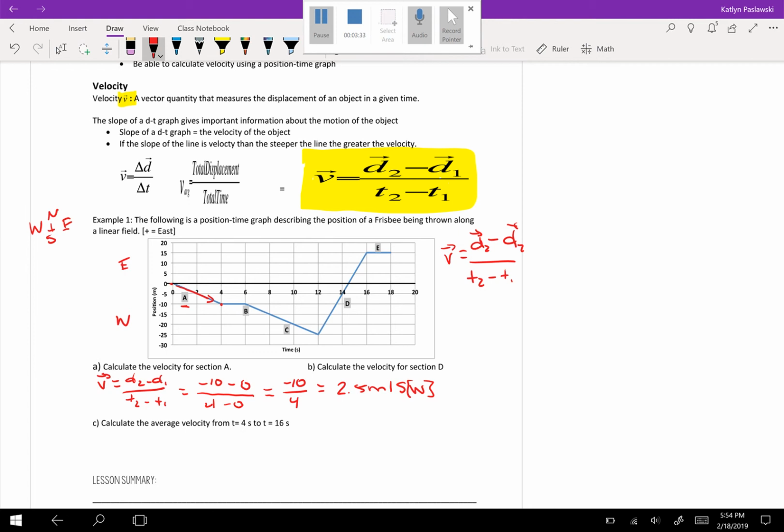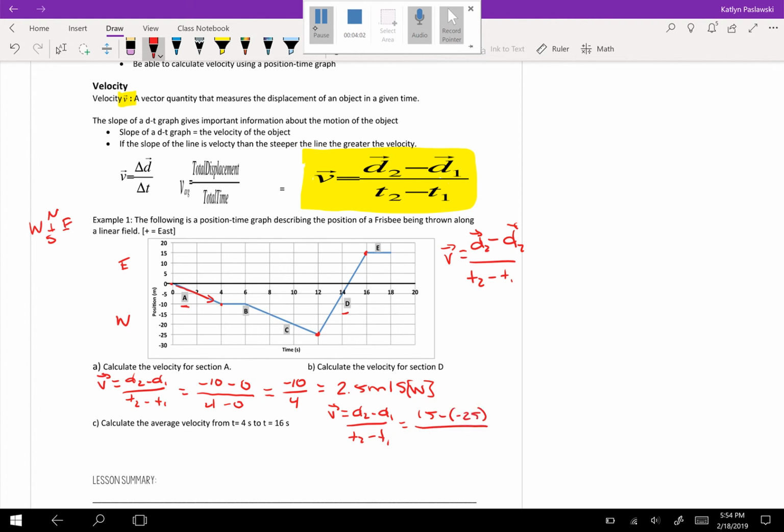Now we're going to calculate the velocity for section D. So here's section D. This is going to be our point 2, and this is our point 1, because the second comes before the other. So here we have our formula, position 2 minus position 1 over time 2 minus time 1. It ended at 15 meters minus, where did it start? -25.